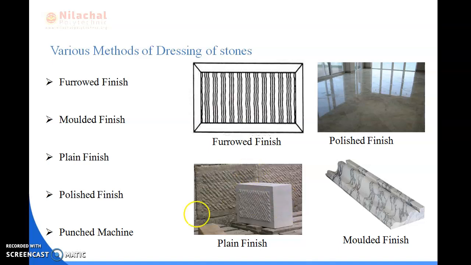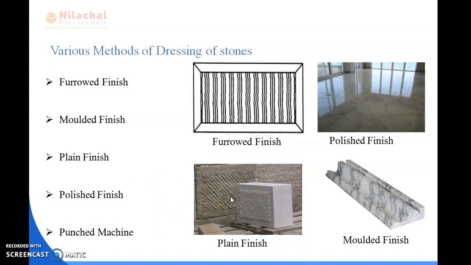You have seen in your house, after cement plastering is done, plain finish is done on the wall with the help of a chisel or a saw. This type of instrument can be used for plastering or other purposes.